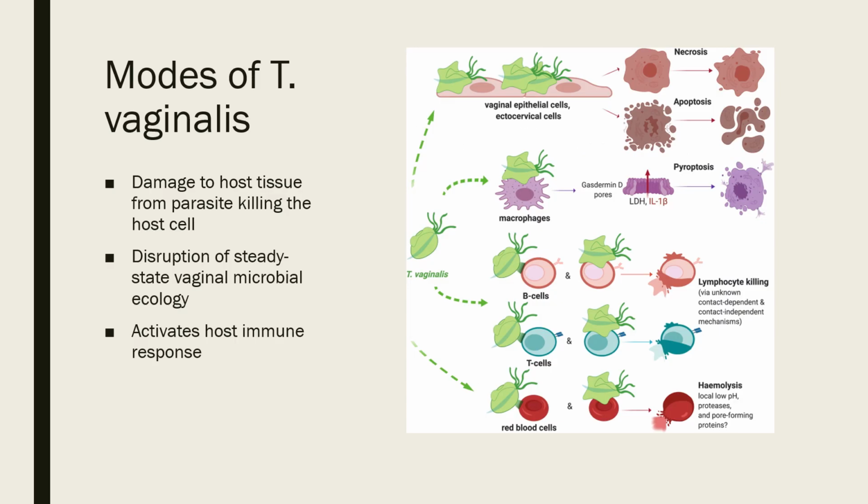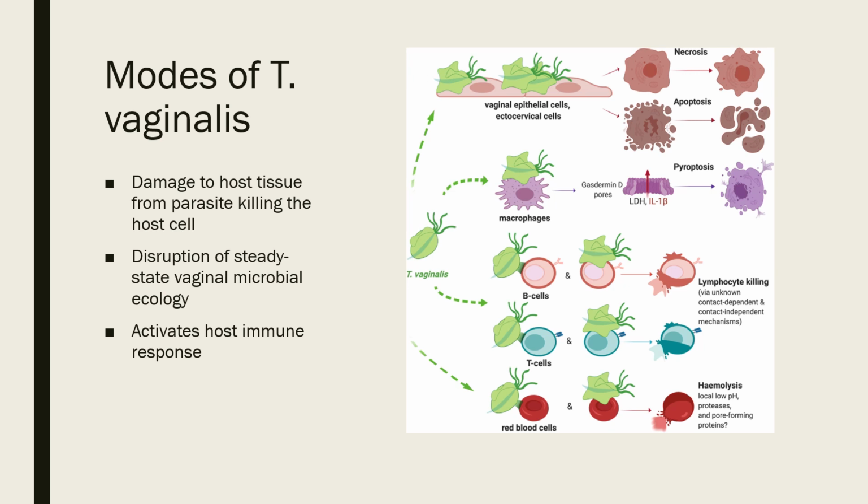And then the modes of T. vaginalis. Some modes of it is a lot of damage: damage to the host tissue from the parasite killing the host cell, disruption of steady state vaginal microbial ecology, and then activation of the host immune response, which is that inflammatory response.